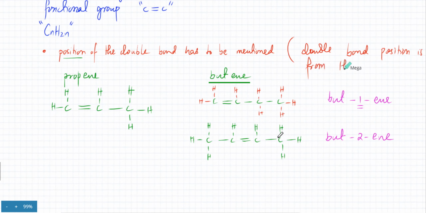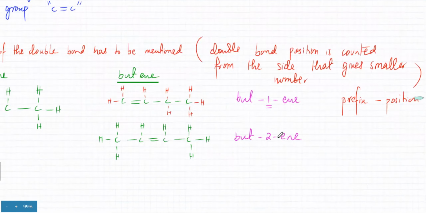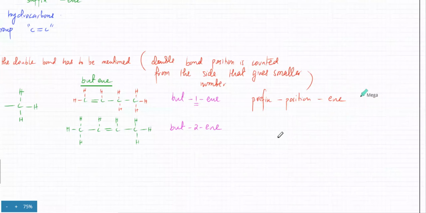So the way you're going to write it is you're going to write the prefix, that's the number of carbon atoms. In the middle, you're going to write the position, and at the end, you're going to write ene. So it's going to be prefix, position, and then ene.